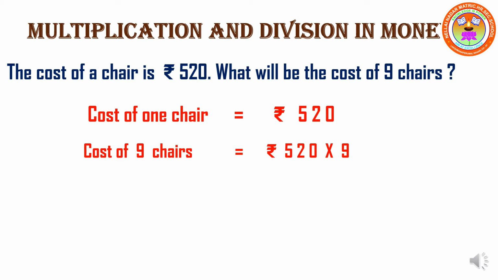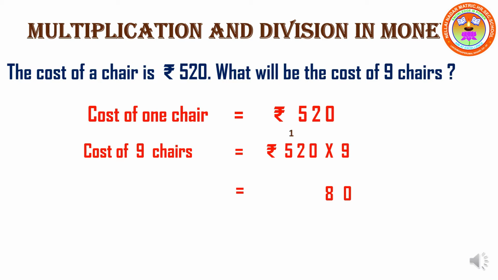Now let us begin the multiplication. First, we have to multiply 0 with 9. What is 0 nines? 0. Yes? 2 nines are 18. So 8 will be written down and 1 will be carried over.